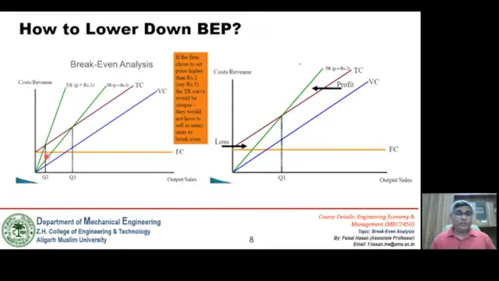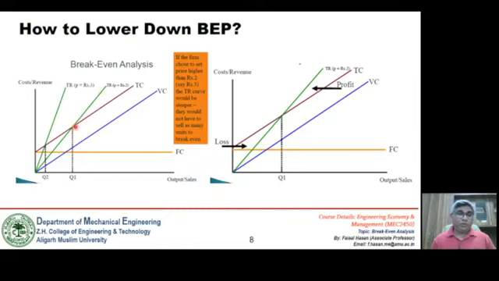Now if we see the curves, we have a fixed cost, we have a variable cost, and if we sum the two, we have the total cost. Now we have a total revenue, that is the amount of money generated by selling a particular item or product in a market.